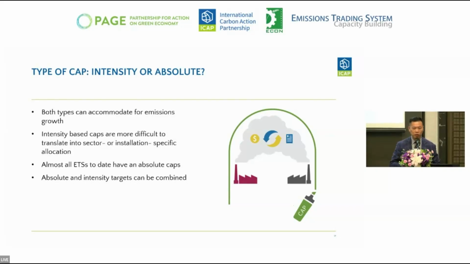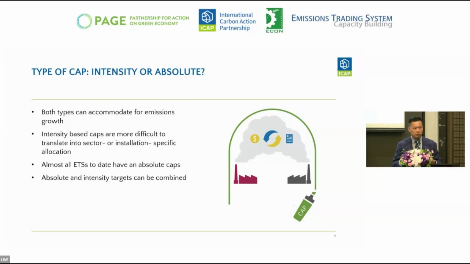And right now, China also wants to transition from intensity-based cap to absolute cap, and they want to choose one or two sectors more ready to transfer to absolute cap first. So we may see the Chinese government is doing the research.